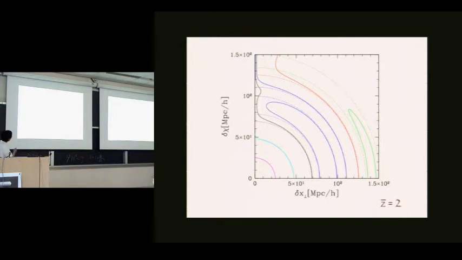The two-point correlation function is enhanced along the line of sight, but this is a finger of God on very large scales, hundreds of megaparsec. And this effect is not concentrated only along the line of sight either. Even if you move away, in let's say this orientation, you can still see it even by eye. Of course, the effect becomes much smaller if you look in the transverse direction. And this is at a mean redshift of 2.